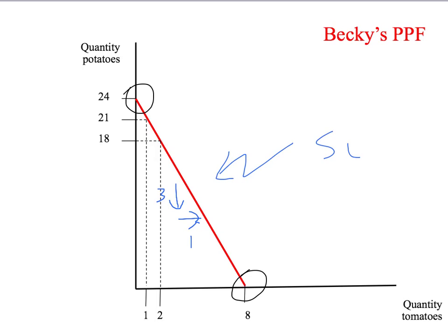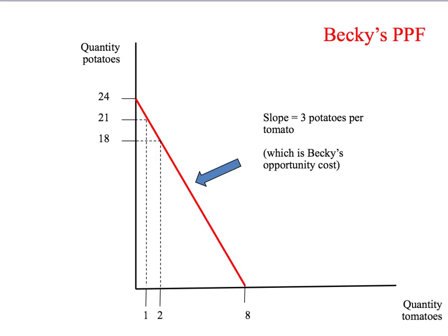The slope of the production possibilities curve is equal to -3. So Becky's production possibilities frontier is this straight red line, and the slope of that line is just simply Becky's opportunity cost of tomatoes in terms of potatoes foregone.